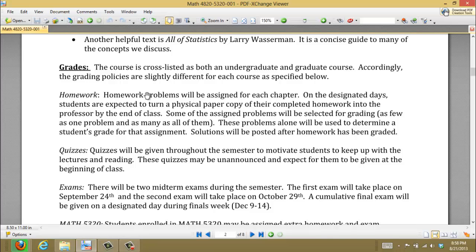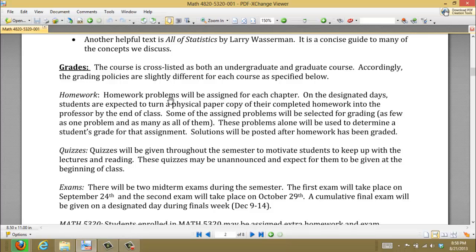Homework is going to be assigned on a regular basis, typically about once a week, not necessarily by chapter, but something along those lines. When the homework is due, on the designated days, I want you to turn in a physical copy. I don't want you to turn it in via email or something like that unless you've made prior arrangements with me. Please turn in a physical paper copy so that it's easier to grade and look through.